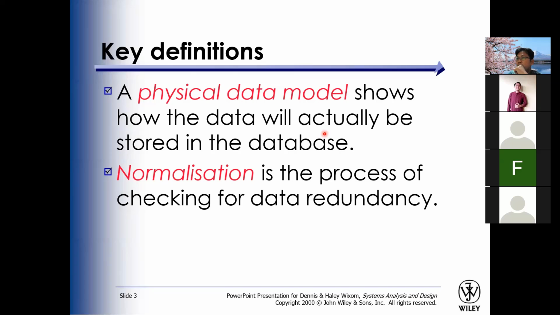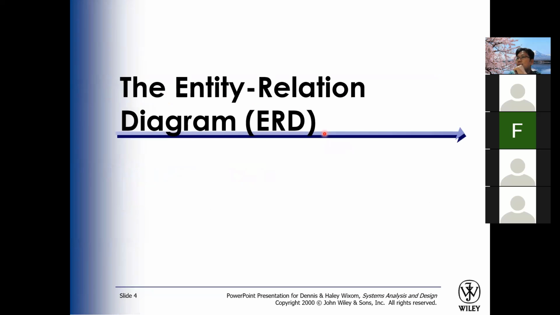Data is usually in terms of tables. So in a database, there are a lot of tables. For example, in a student information system or academic information system, there are a lot of tables: student table, lecturer table, course table, KRS, room table, schedule table, etc. This is the entity relation diagram.